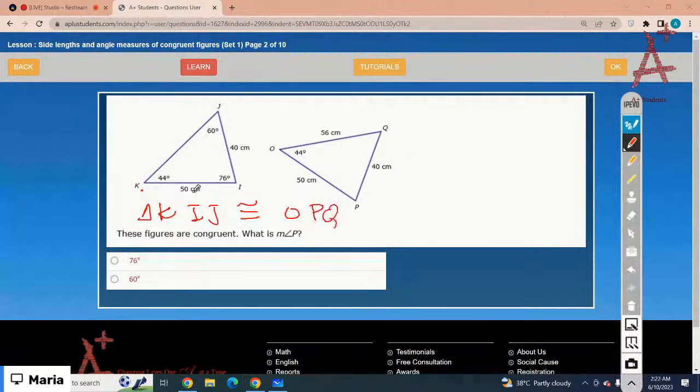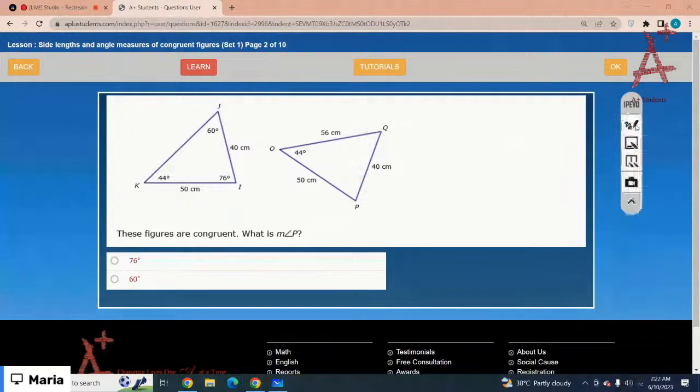Got it? They are in the same order. K is 44, so O is 44. I is 76, so P is 76. Got it? And Q is 60. So that means angle P is 76. The correct option is option number 1.